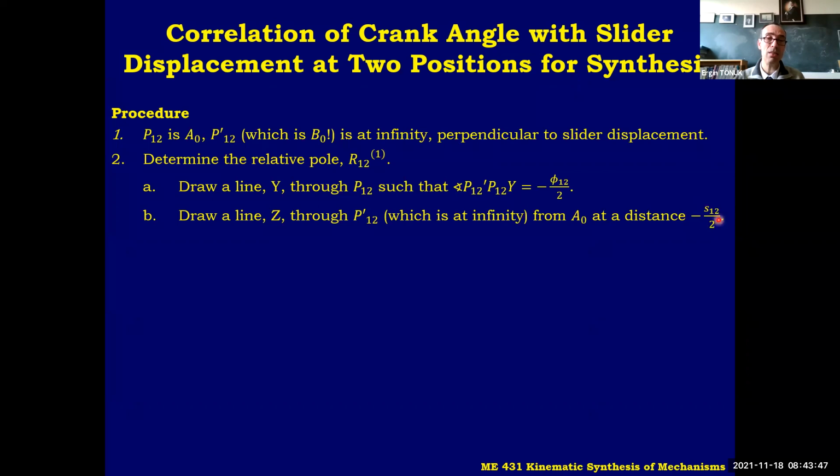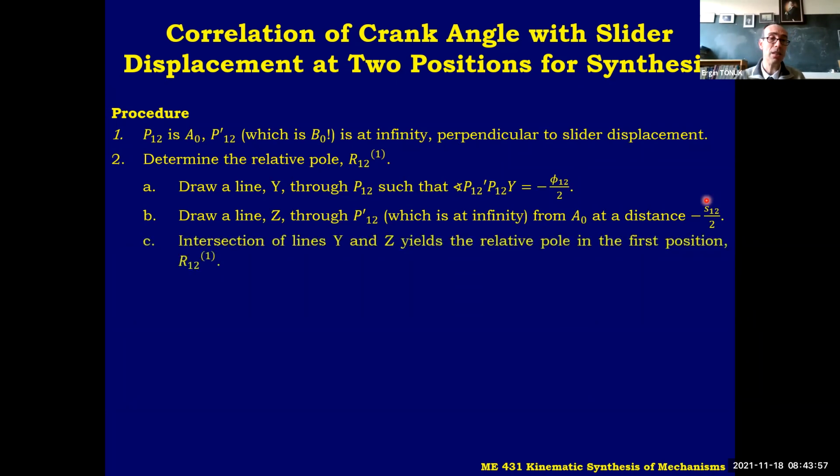So the slider displacement is negated and halved. So similar to the first procedure, the intersection of these two lines yields the relative pole in position 1. So we achieved number 2 as well.